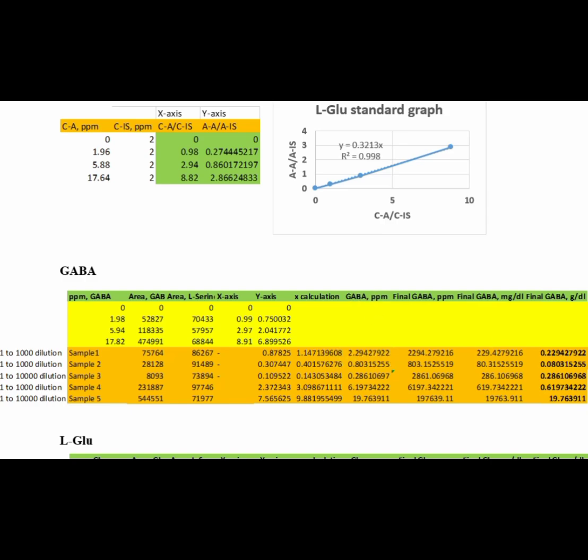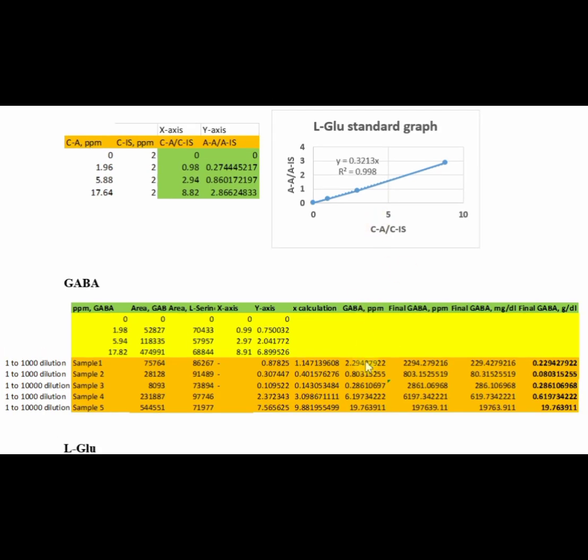So then GABA can be obtained. GABA ppm, as GABA means concentration of analyte, and we have x value 1.1471 like this.